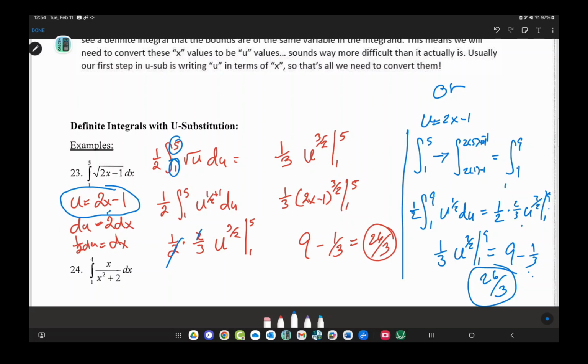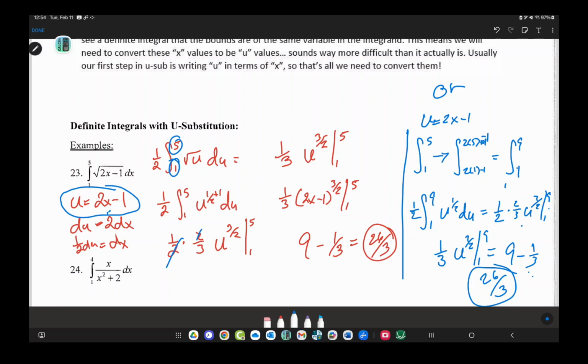So it just depends on really how you want to do it. Do you feel more comfortable plugging your function back in and then not having to mess with the bounds? Or do you think it's easier to run the bounds through your substitution as well? Here's the thing: no one really cares how you do it. You have two choices, you pick your favorite.